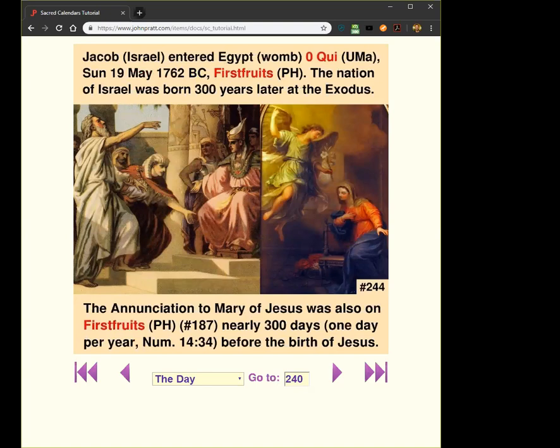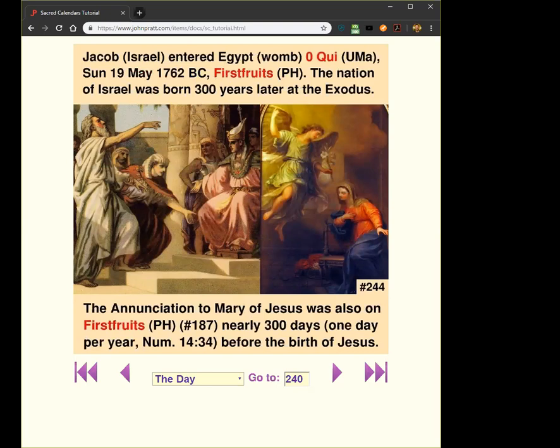Oh, yes, this is important. I'm glad I got a slide on this. It's almost exactly 300 days from when the Annunciation to Mary happened to when Jesus is born. So Jesus is basically in the womb 300 days, and Israel was in the womb 300 years.